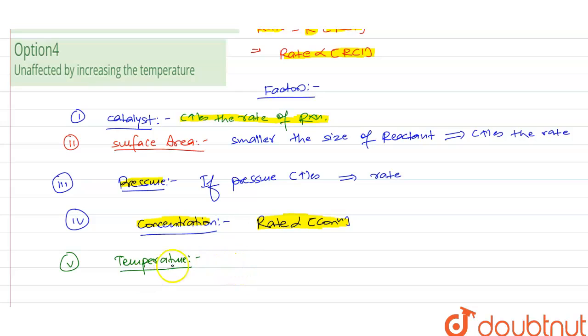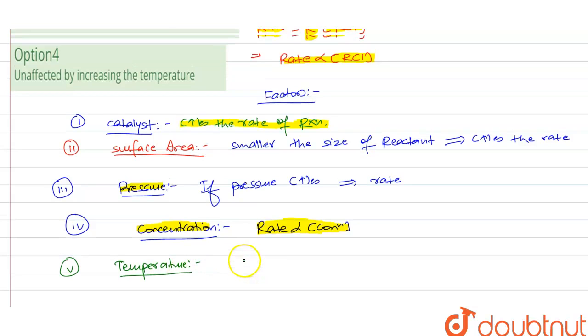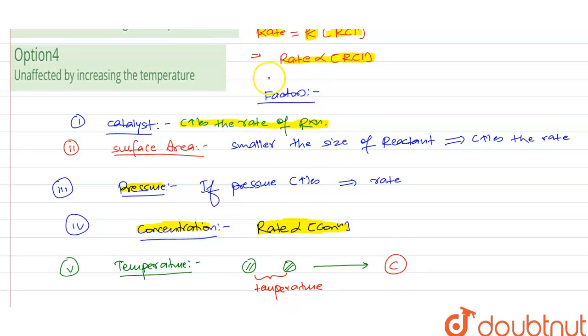Let us take an example in order to consider it. Suppose we are having two reactants and they want to collide and form the product C. So in order to make them collide, they require energy which is given in form of temperature.